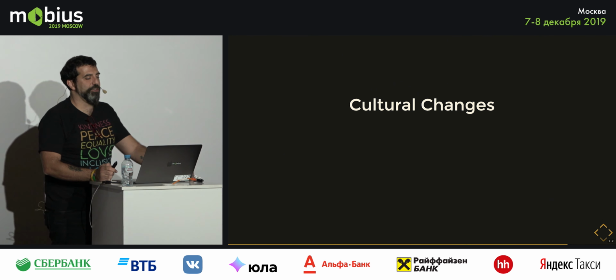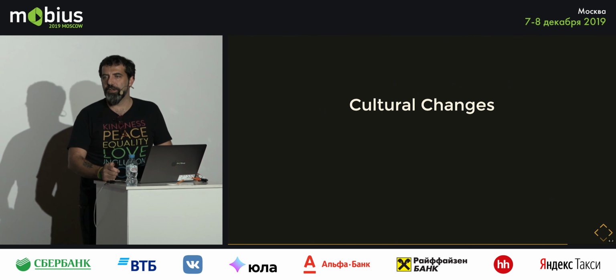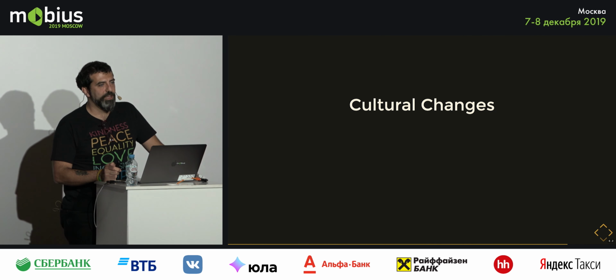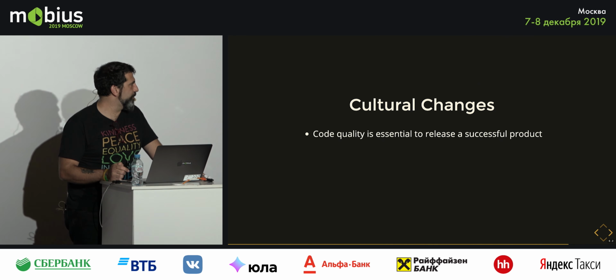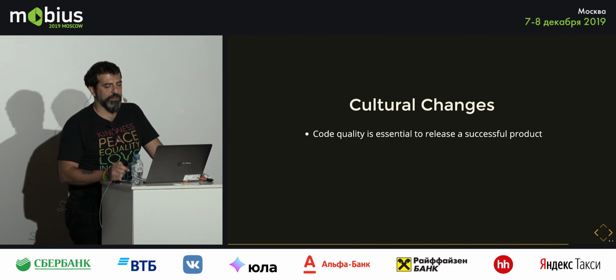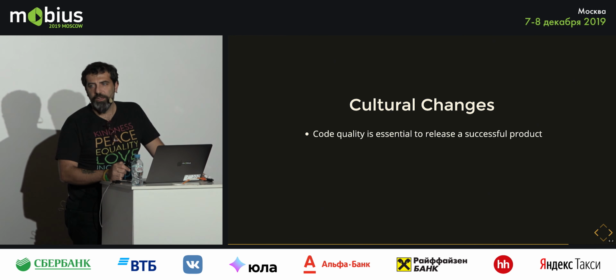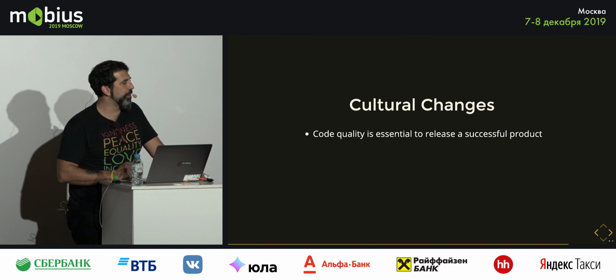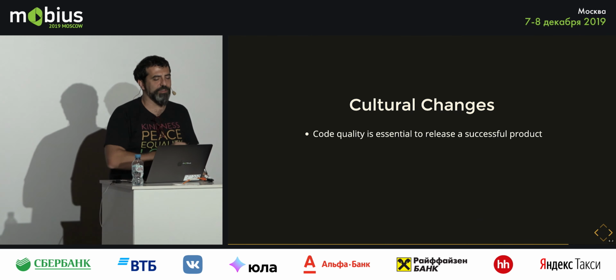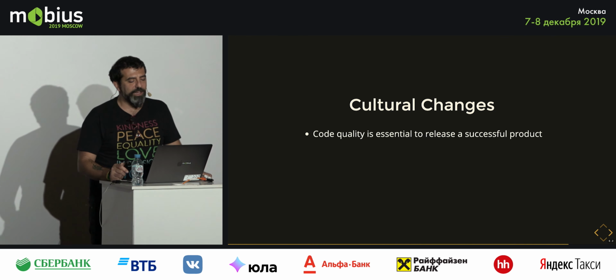There are cultural changes that you have to approach first of all if you want to start to use mutation testing in your team. The first thing that you have to change is that code quality should be essential to release a successful product. We should switch our perspective. We're not talking anymore about source code. Whatever you compile, whatever you deploy on the web, no matter which platform you want to use, it's a product.